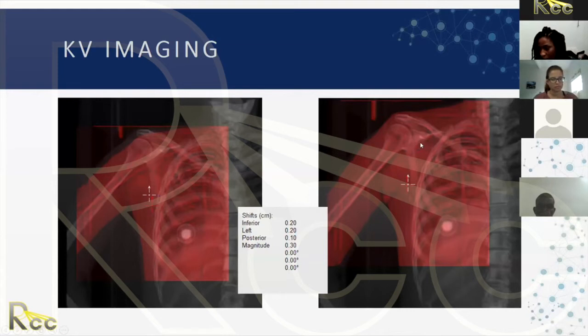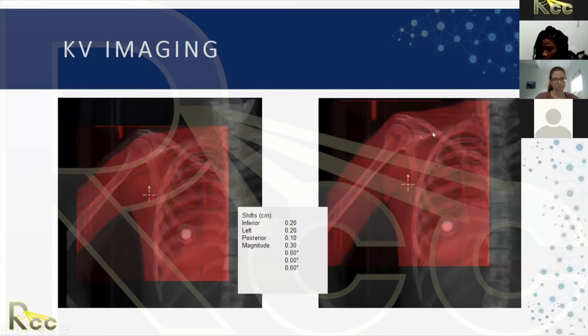Again, why is this important? For the KV, we can't really see the treatment field. We're treating in this general area because this patient has metastatic disease in the axilla. But what's in here that's really critical and important, especially given that we're going to a high dose, is the brachial plexus, right? The brachial plexus tracks down from the neck into the supraclavicular region before it goes down through the axillary area.